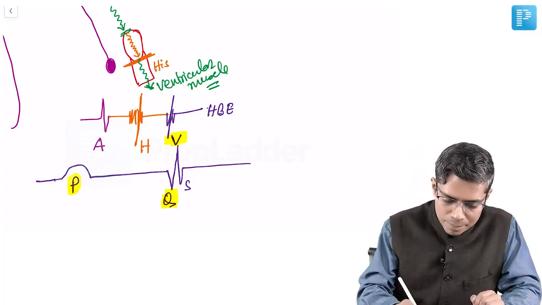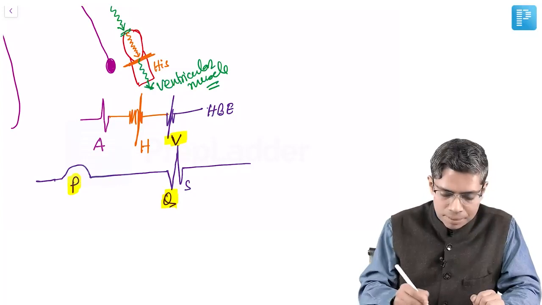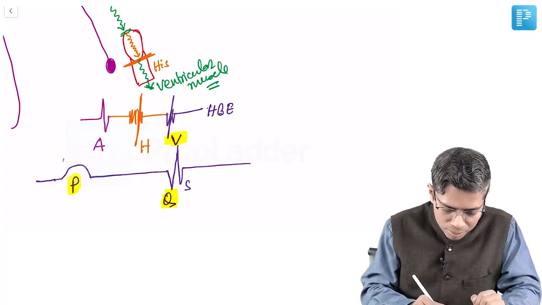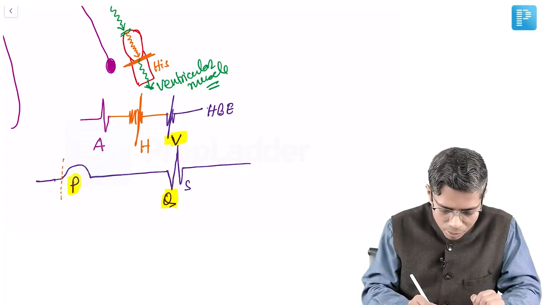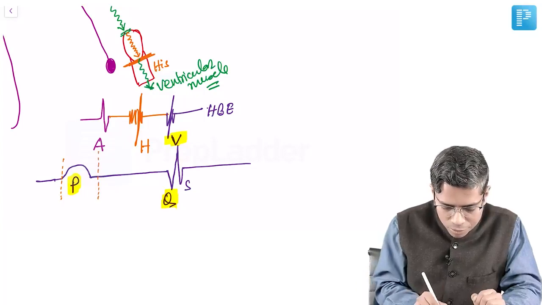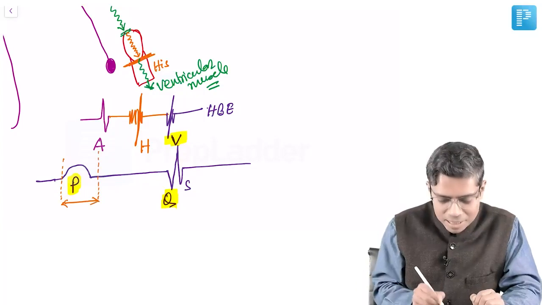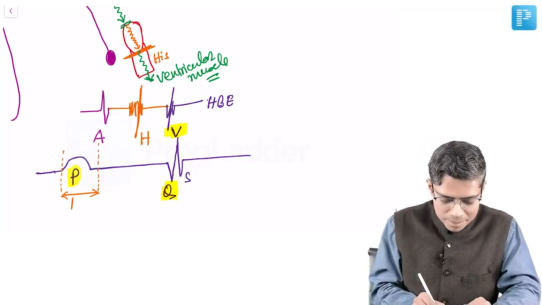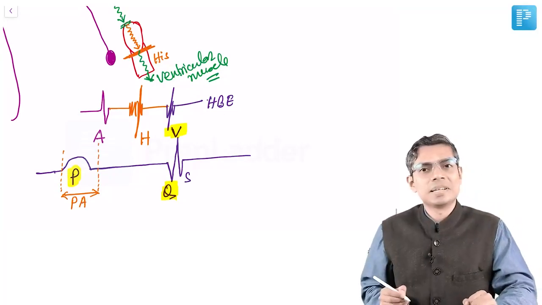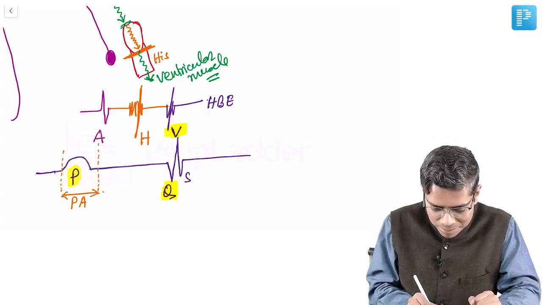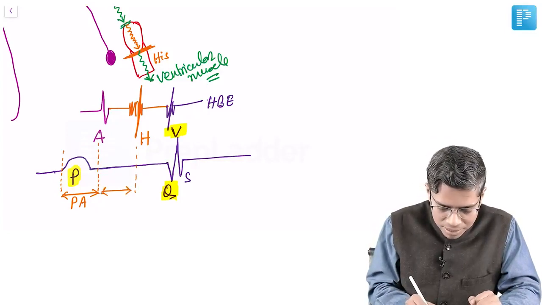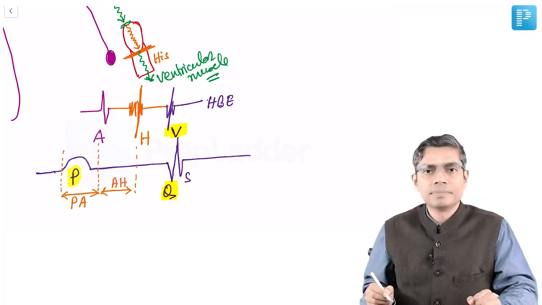Now, if I measure the time interval between onset of this P wave up to the onset of this A wave, so this is an interval. What will be the name of this interval? That is PA interval. If I measure the time between this A wave and H wave, that will be known as AH interval.